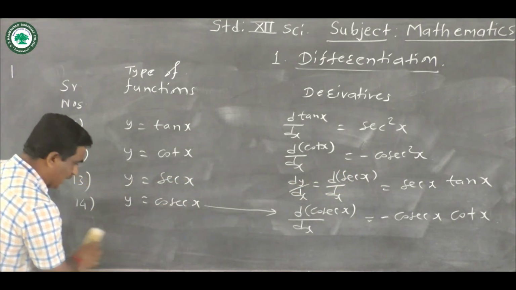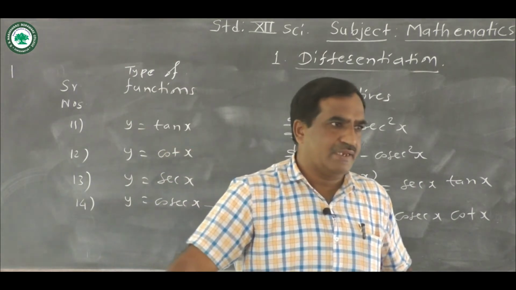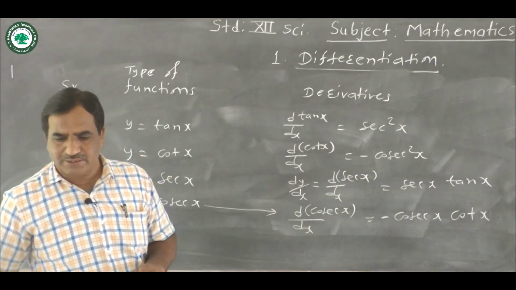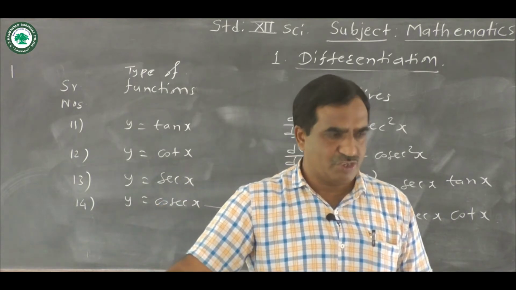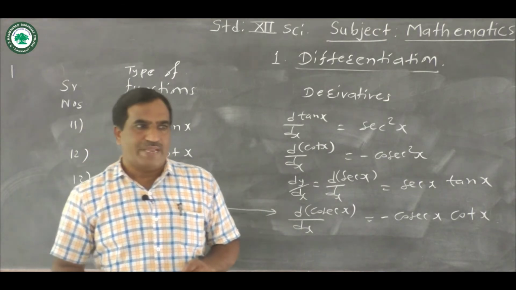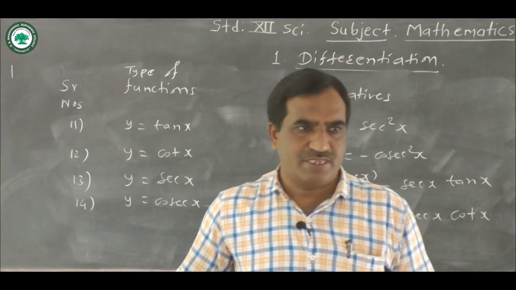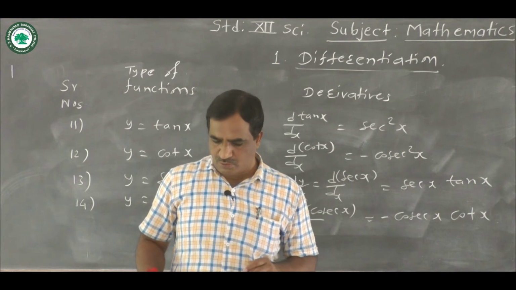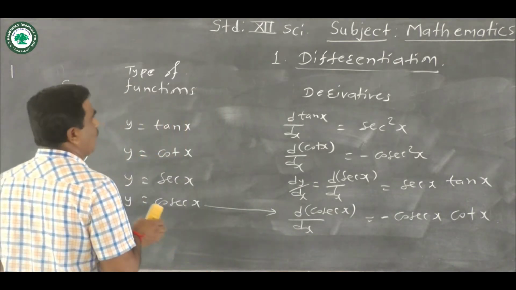All these formulas we can prove by using the first principle formula in 11th standard. Okay. Now in 12th standard, the first point in differentiation is composite function. We have to find the derivative of composite function. For that, we know what is meant by composite function, and there is one rule, the composite rule, for finding the differentiation of composite function.